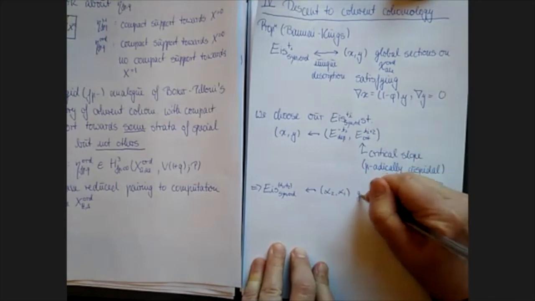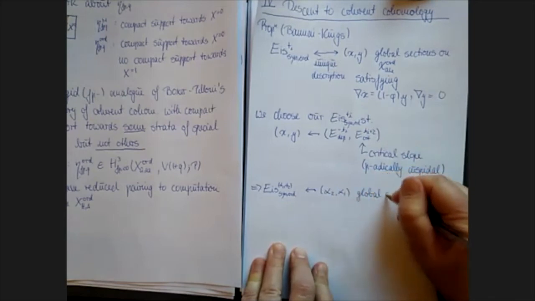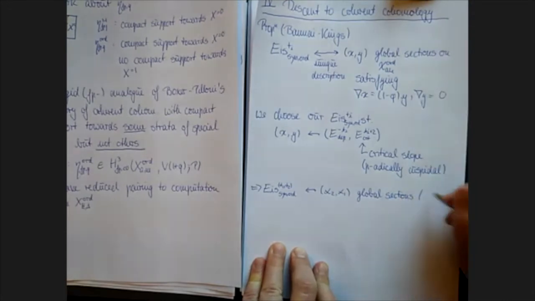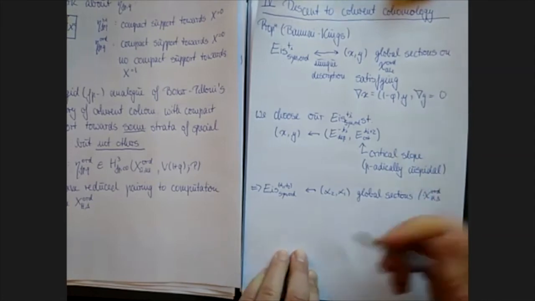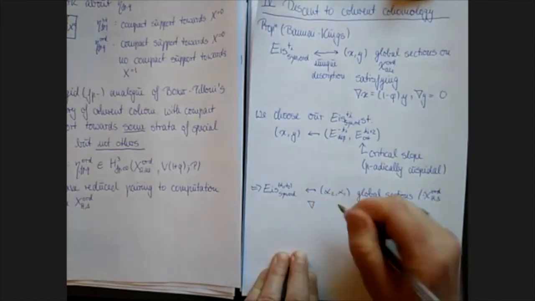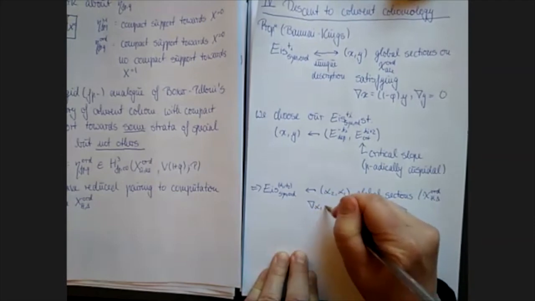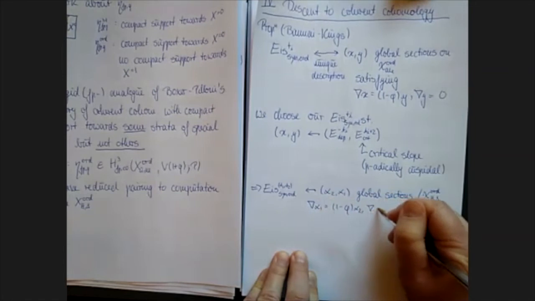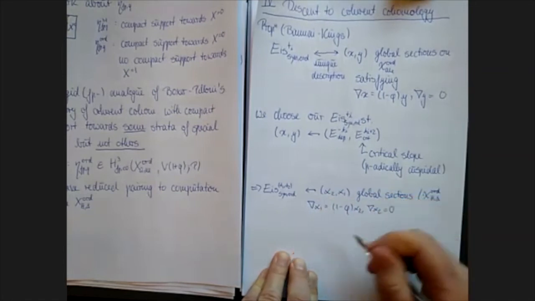So these here are global sections over X_H delta odd, which again satisfy these relations. So nabla of alpha 1 is equal to 1 minus phi alpha 2. Nabla alpha 2 is equal to 0.